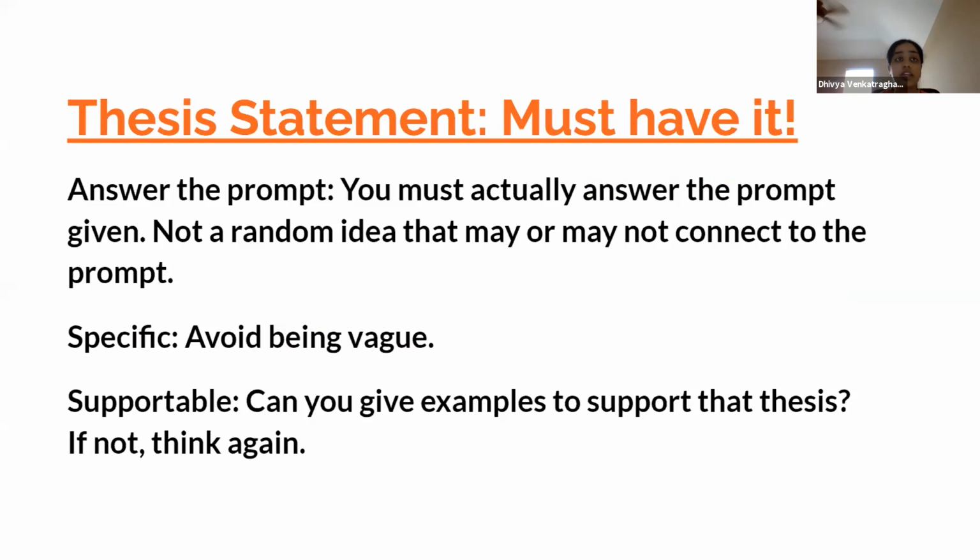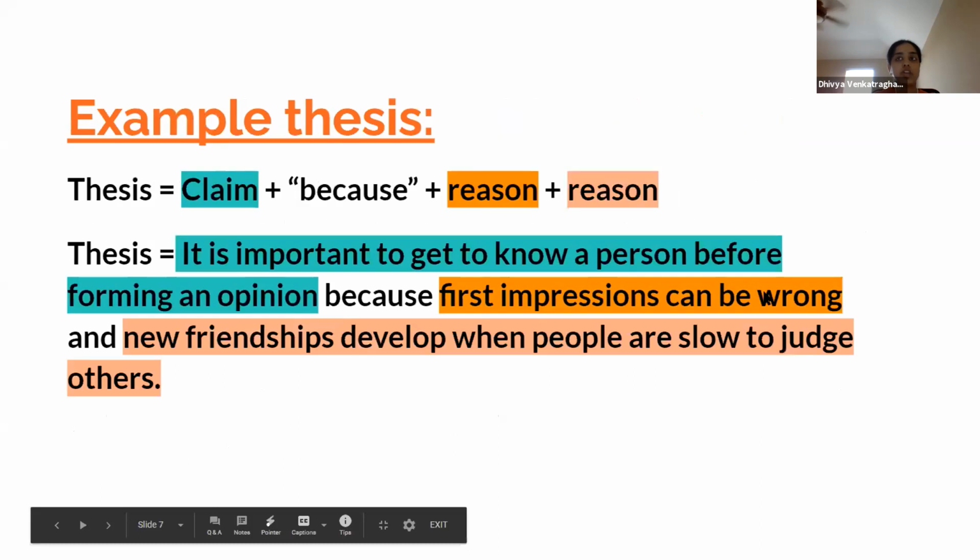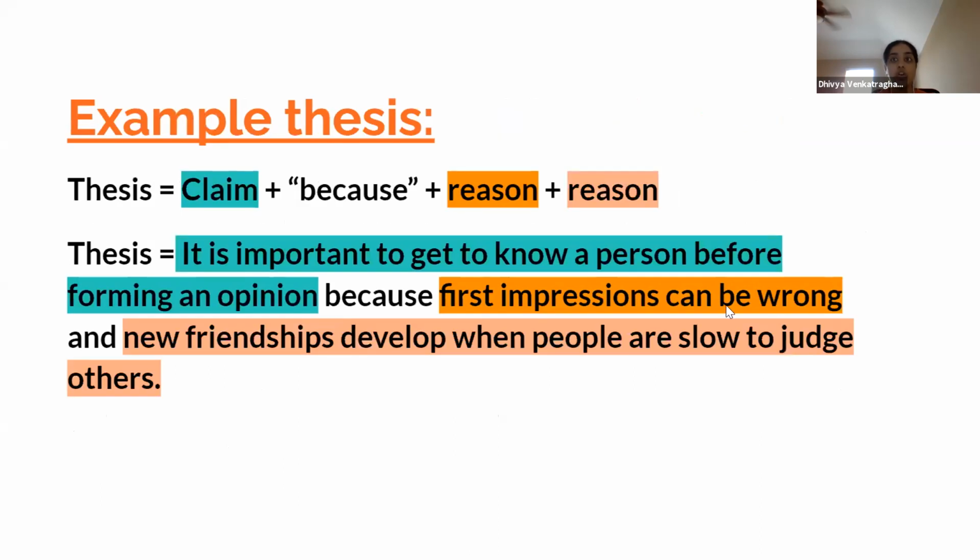The second thing is to be specific. Avoid being vague. Like we looked at our reasons over here: first impressions can be wrong. So when you say be specific, we're looking for something like it can be incorrect.